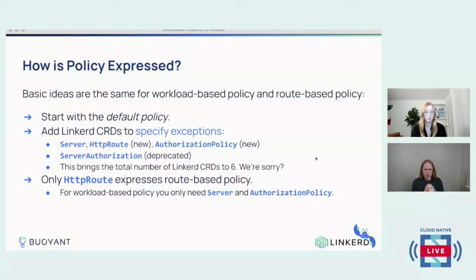We have the server CRD, the new HTTP route CRD, the new authorization policy CRD. There's a previous server authorization CRD that's actually deprecated in favor of authorization policy. It still works, don't panic. And yes, this does bring the total number of Linkerd CRDs to 6, which we feel kind of bad about because we're trying to have really few CRDs.